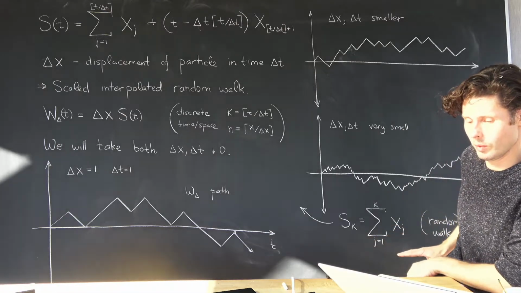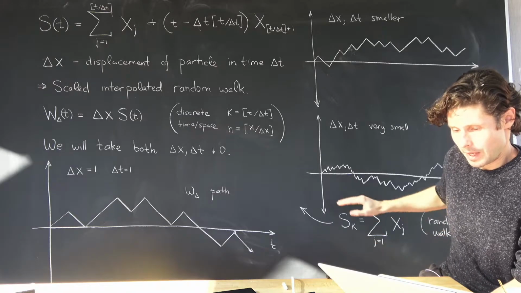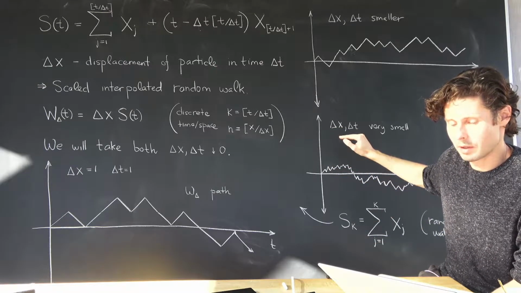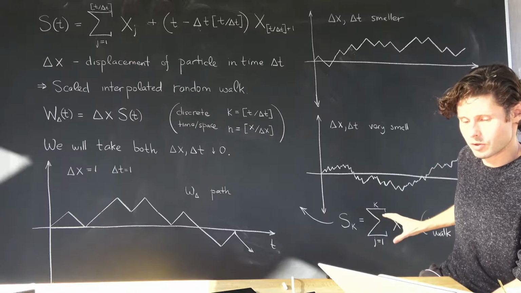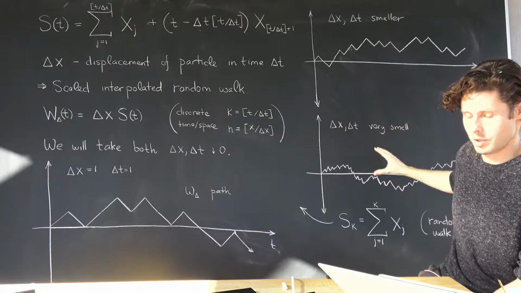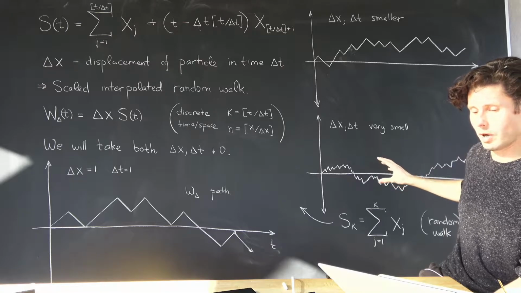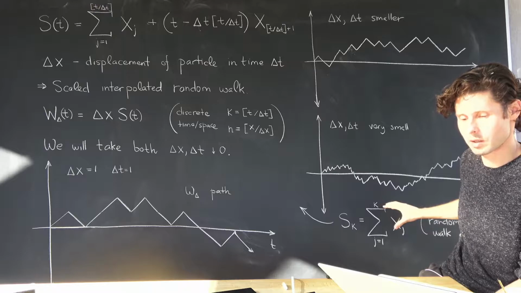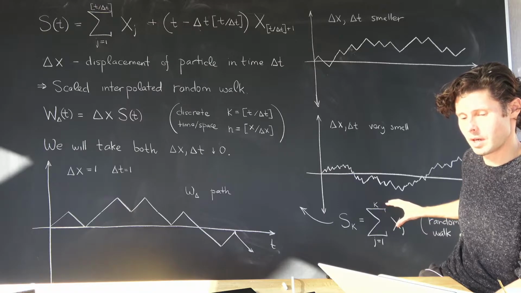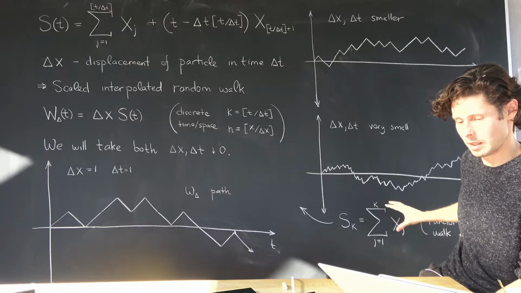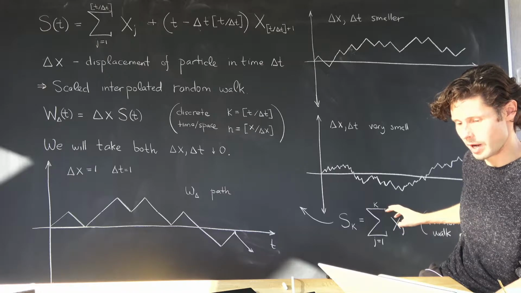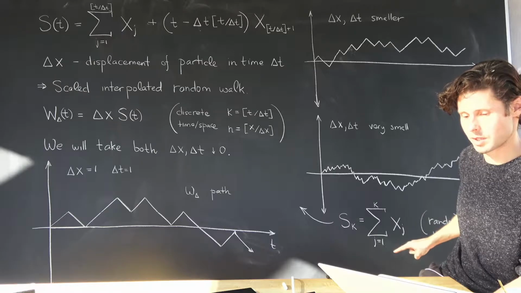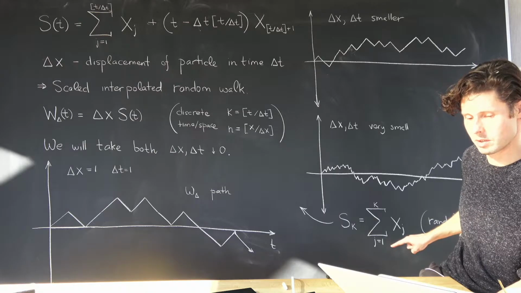One thing to keep in mind is that as long as these are finite, as long as they haven't gone to 0 yet, driving all of these pictures, which are representations or approximations of the Brownian motion, is still the original random walk. So we really haven't done much of anything. The underlying process that's driving this is the discrete time Markov chain, the discrete time random walk on the integers.